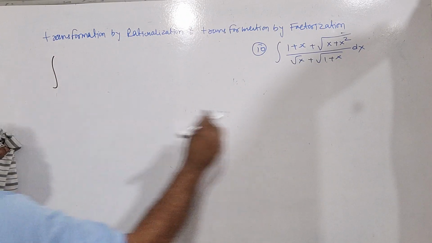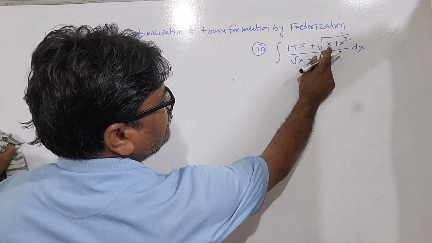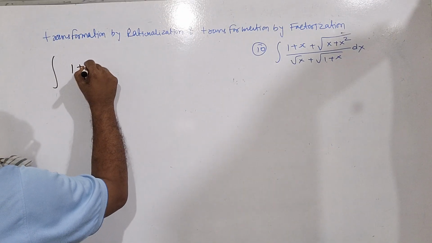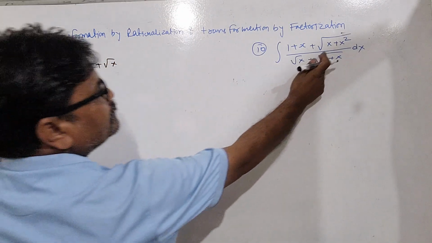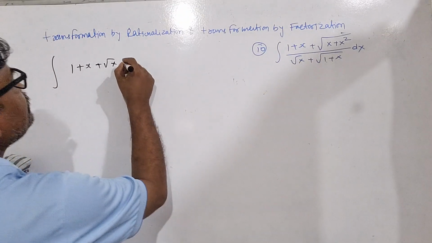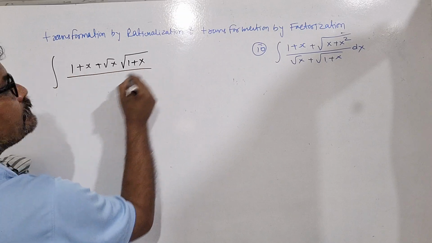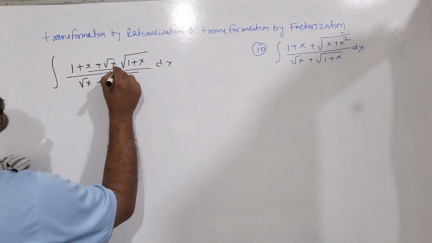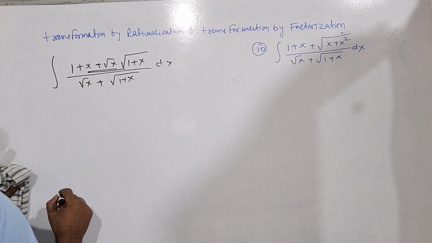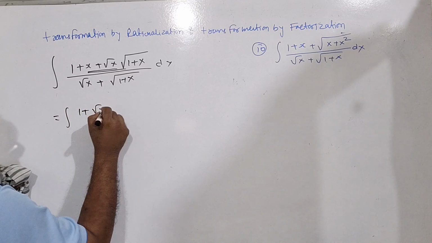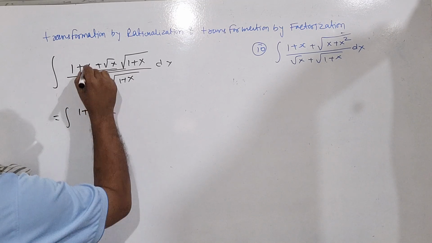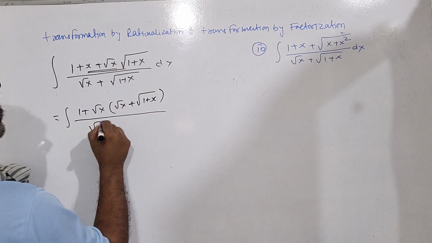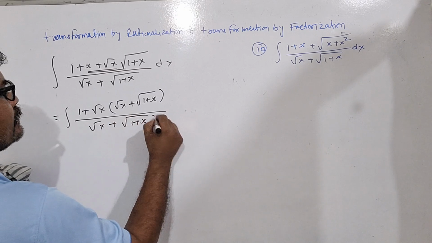This is integration of, see, I can take x common from here and that x will come out of the root x, so that root x will be okay. So this is 1 plus x plus root x, correct. From here I took x outside, with the root, so this is square root of 1 plus x divided by root x plus 1 plus x, dx. Now from these two I can take root x common, correct. So this is 1 plus root x into, root x went outside so here root x remains, and here remains plus 1 plus x, and here root x square root of 1 plus x dx.